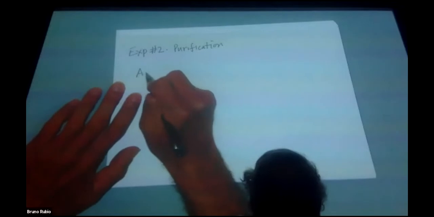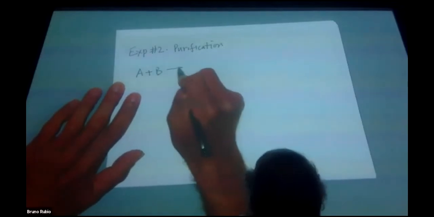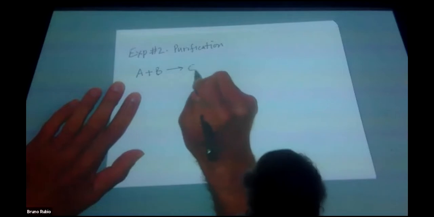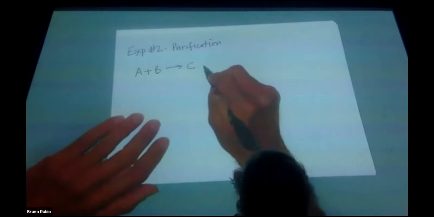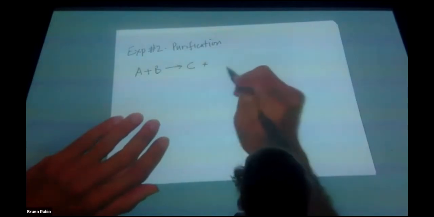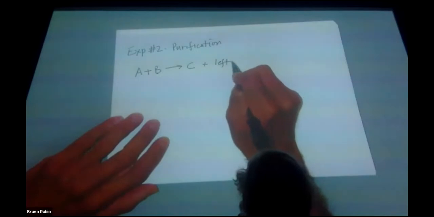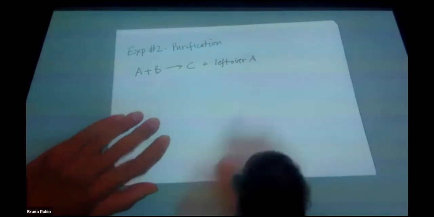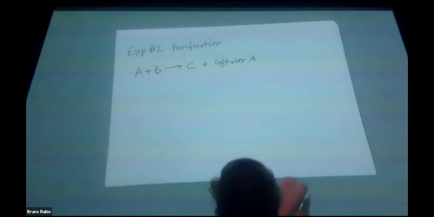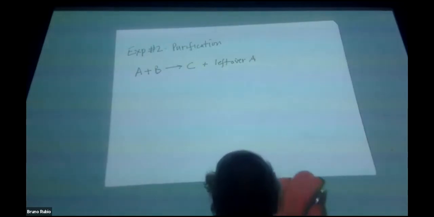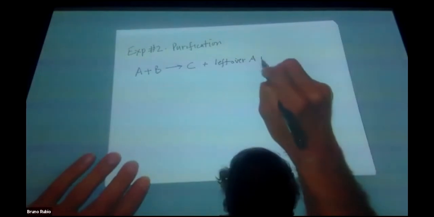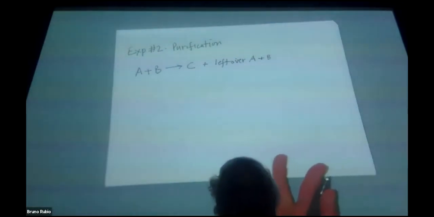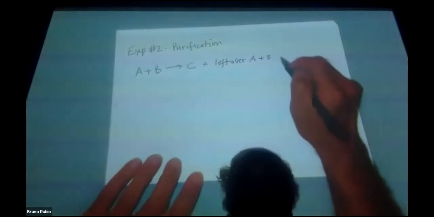So A plus B goes to C. That's the reaction that we want, but it's not just going to be C alone, because what else is in there is left over A. The reaction does not proceed normally. Most of them do not proceed in 100% yield. So you're looking for C, but in the reaction mixture, you have leftover A and B, things that didn't react. That has to be taken out of there.